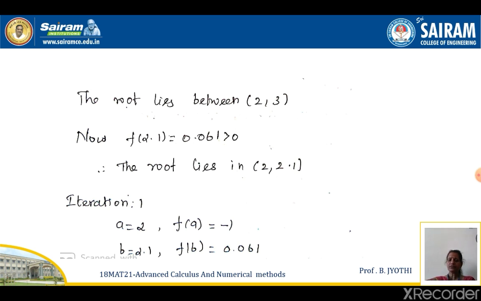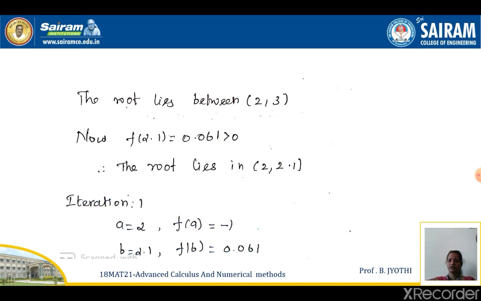And now f(2.1) is 0.061, which is positive, and f(2) was negative. Hence the root lies in the interval 2 and 2.1. In the first iteration, let us choose a as 2 and b as 2.1.